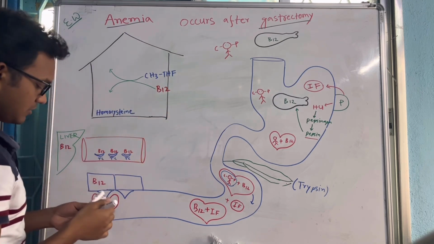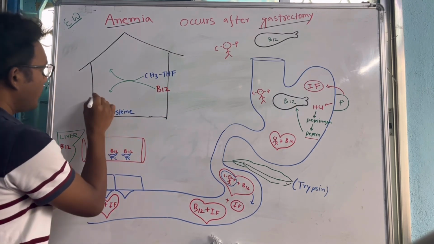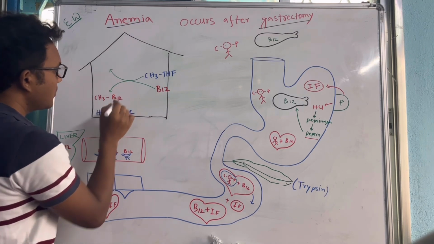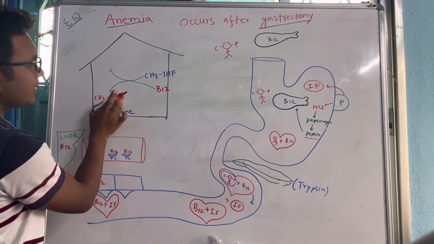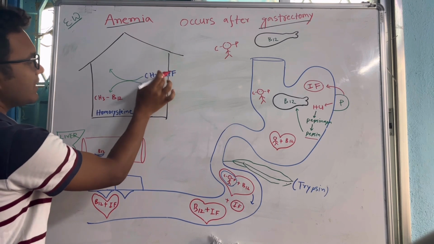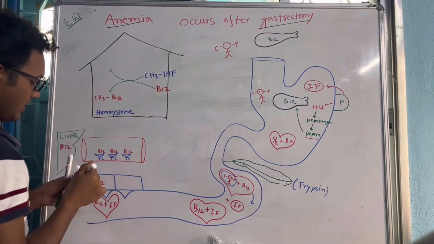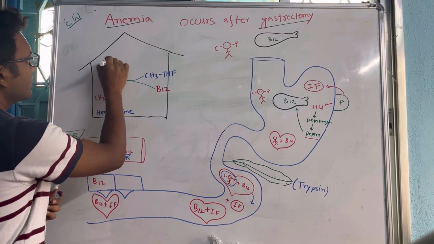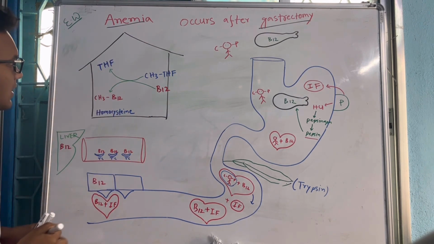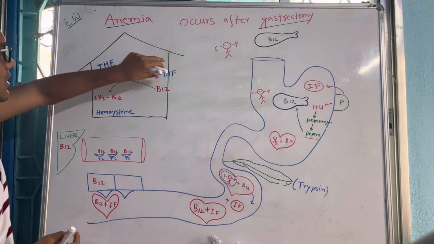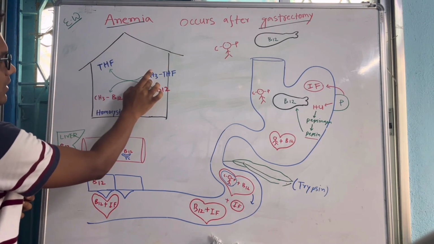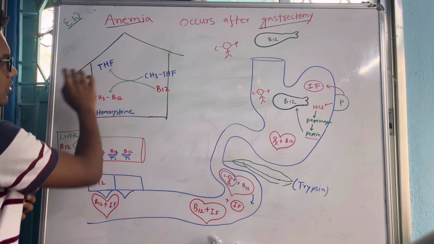Now it becomes methyl B12, or methylcobalamin, and methyl tetrahydrofolate is now free and becomes only tetrahydrofolate, which is the active form.